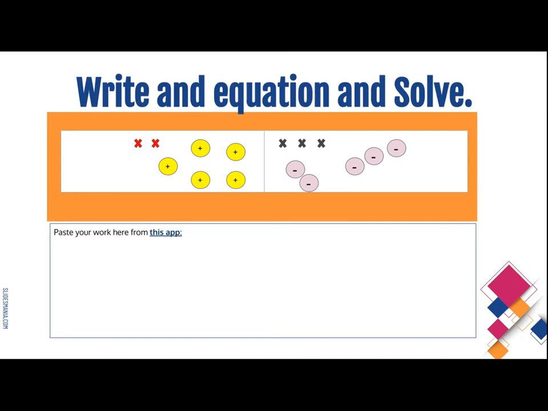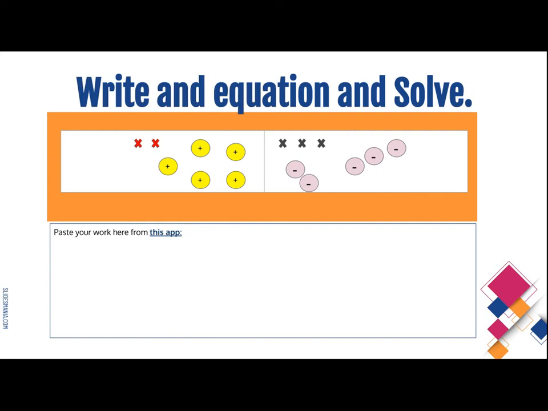Here's another model. The red x's represent negative x's, and the black x's are positive. The yellow circles are positive 1 values, and the pink circles are negative values.